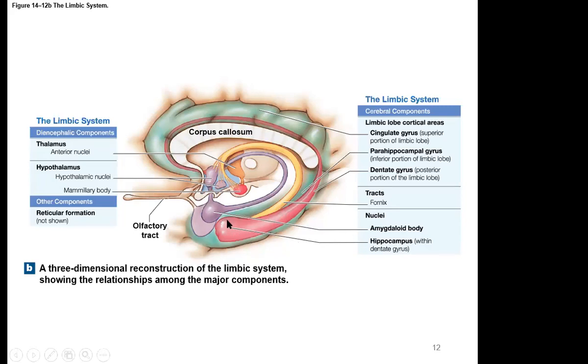The hippocampus is an area of the limbic system that will help with storing memories. Whenever you're looking at this picture that is blown up, I also want you to see this olfactory tract. What does olfactory help us do? Smell, right? So look where this is going. This olfactory tract is going right here in this area near the amygdaloid body and the hippocampus.